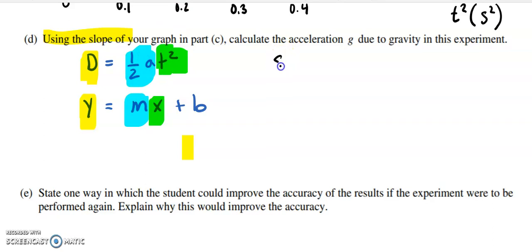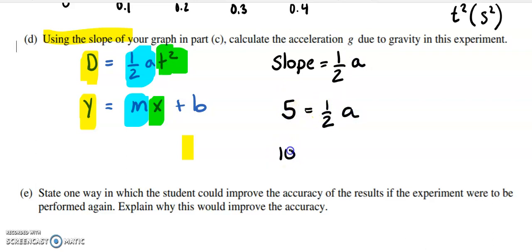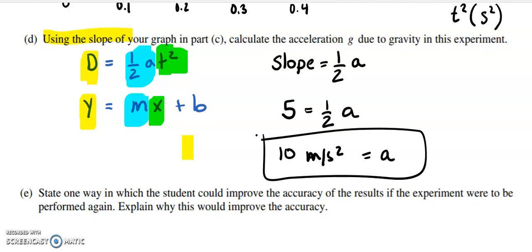Cool, let's write that down. So slope equals 1/2 a. Cool. We found the slope. We just did some good old graphing. We found the slope to be 5 equals 1/2 a. So we do some math. So cool. a is 10 meters per second squared. So we just have found the acceleration due to gravity is about 10 meters per second squared, which, cool thing is, that's about what it should be.